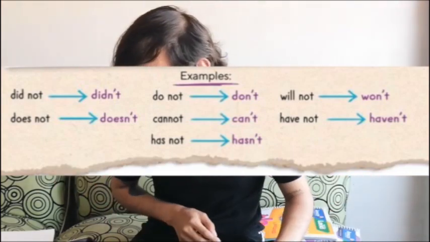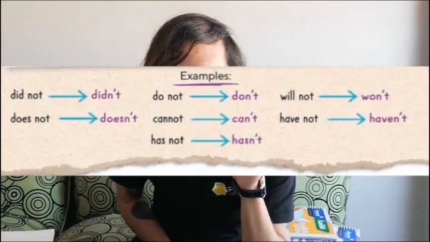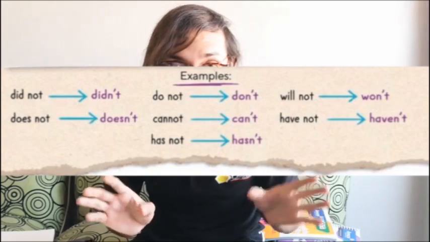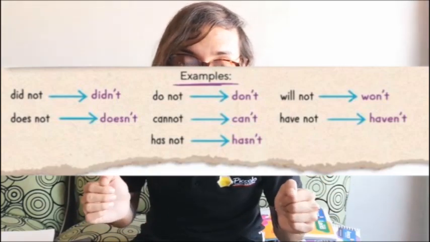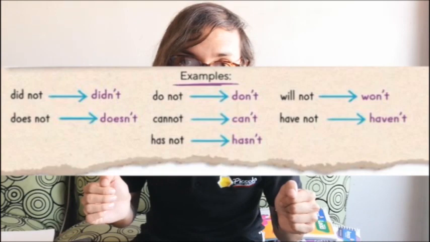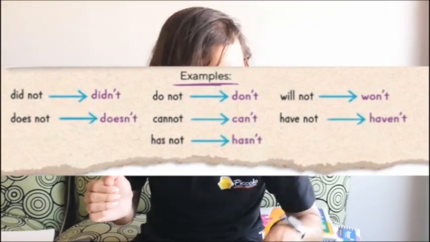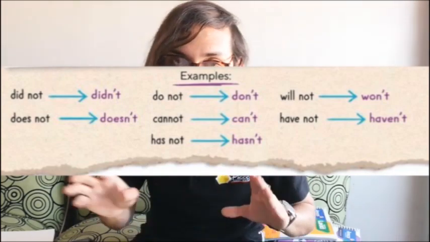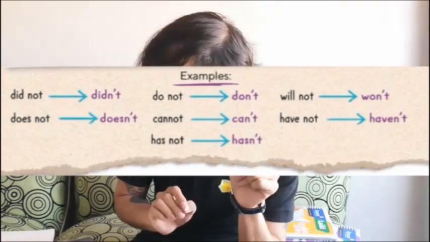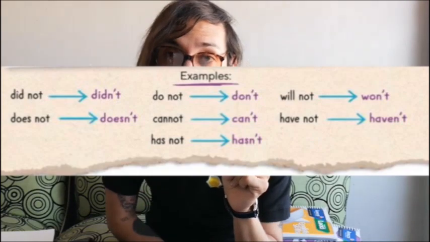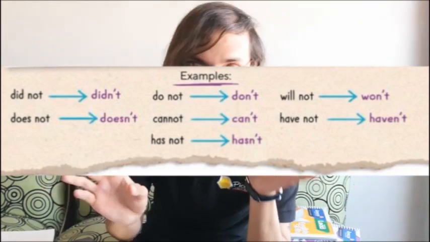Can't. Has not. You have has and not. Which letter are you going to drop? The letter O. We drop it, we add an apostrophe. Has not. Hasn't. And finally, have not.